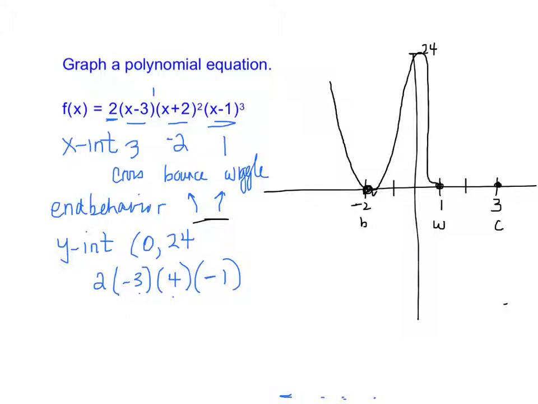Okay, then I'm going to wiggle here, go down, cross, and end up like this. And that would be the graph of that polynomial. It is a 6th degree polynomial. So 1, 2, 3, 4, 5, 6. And that's what that looks like.